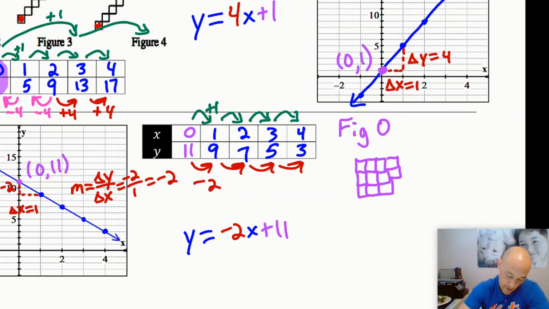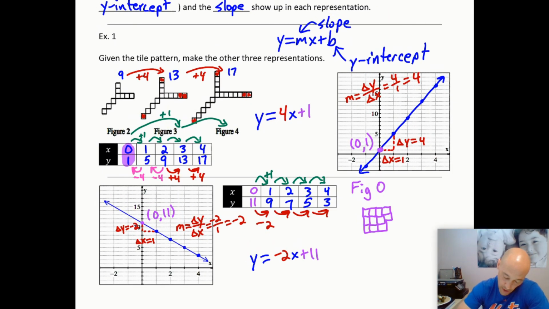Now, figure 1 is going to look like figure 0, except with 2 tiles gone. And so this is the way it's going to look. 1, 2, 3.